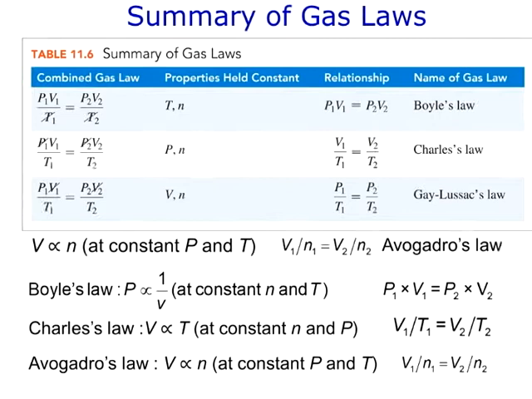If you ever have grams, think moles. And if you label these directly on your problems, you'll be able to see which formula you're using. So we can't trick you here. Simply look at the variables in the problem, in the question, and it'll tell you which equations you're using.